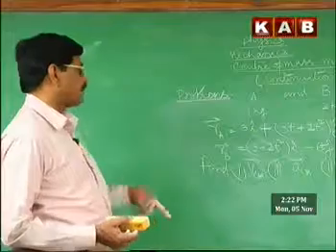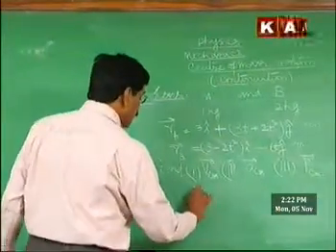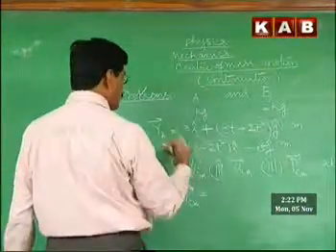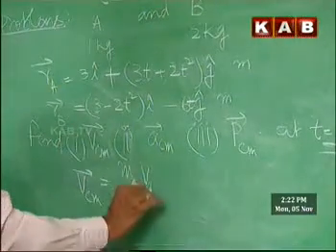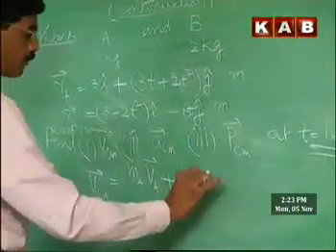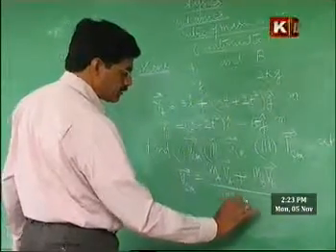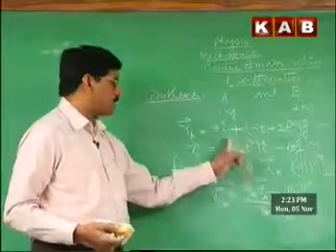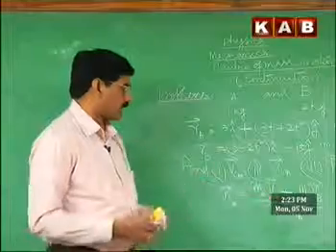What is the procedure? First, how is the center of mass velocity obtained? vCM as per definition, since two particles are involved, is (mA vA plus mB vB) divided by (mA plus mB). So if vA and vB are the instantaneous velocities of the particles, we can calculate the velocity of center of mass by this formula.